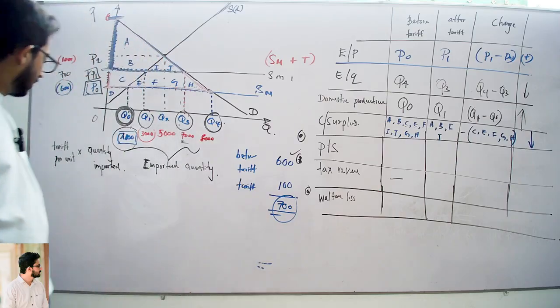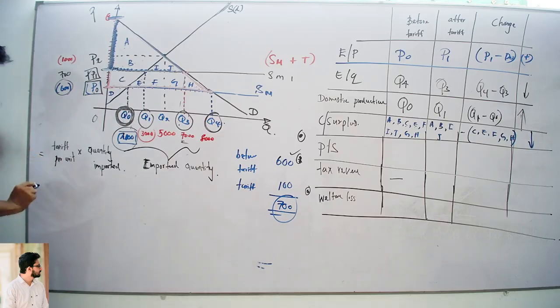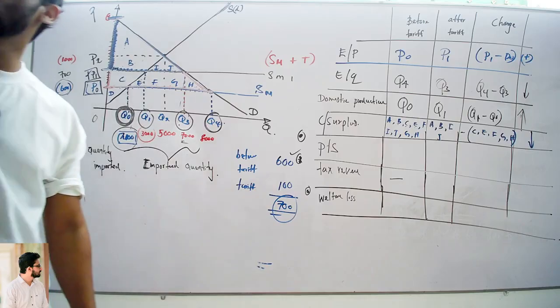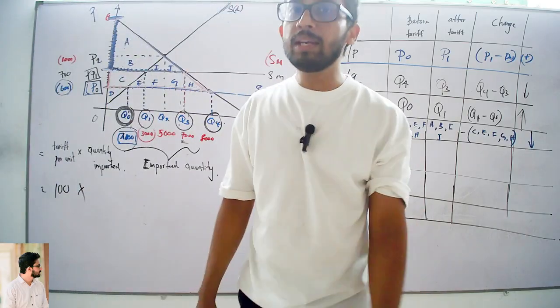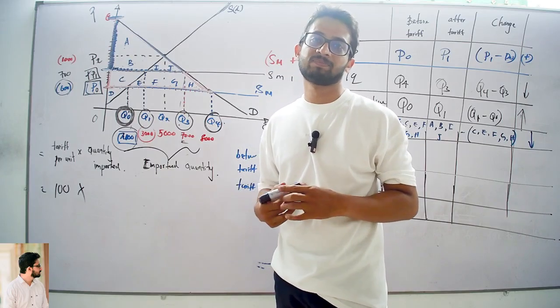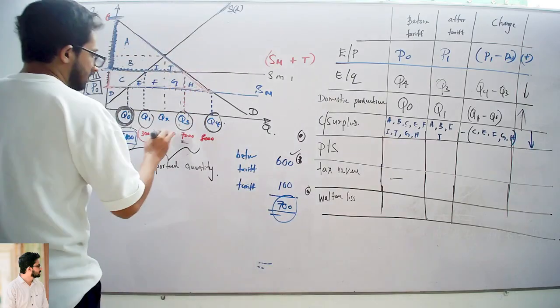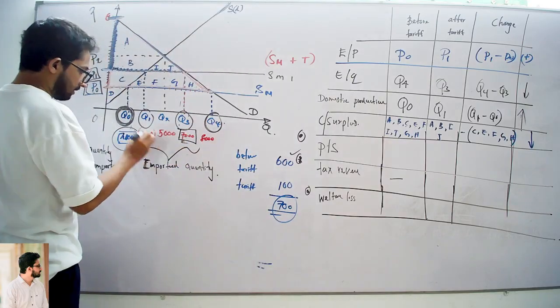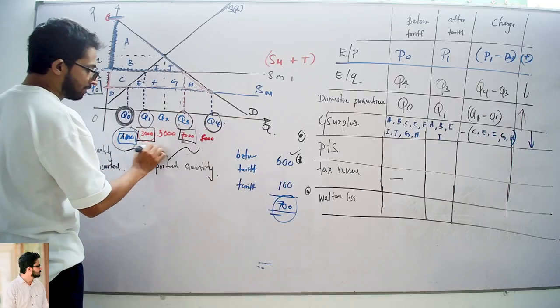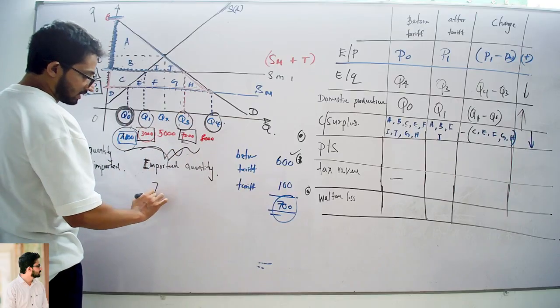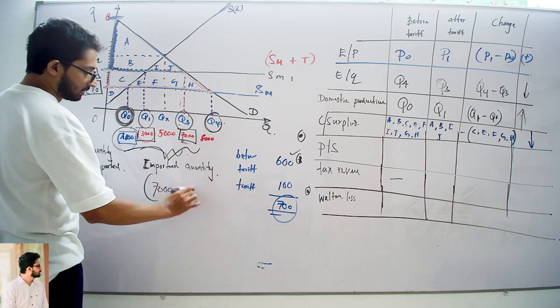Now, the tariff rate is 100 per unit. Tell me, after the tariff, how many units are being imported? This is the total demand. This is domestic supply. 7,000 is the demand.